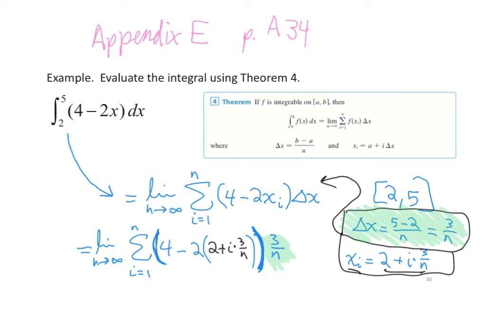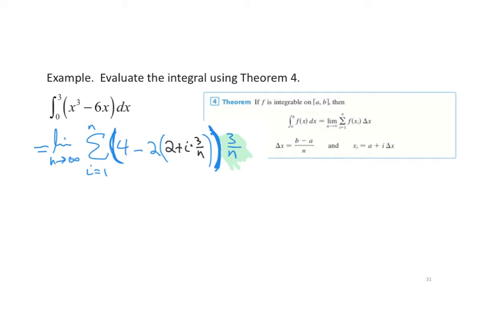Let's simplify this and see what we get. We're going to keep simplifying this until we get something we can work with. We have 4 minus (4 minus 2 times i times 3 over n), all multiplied by 3 over n.